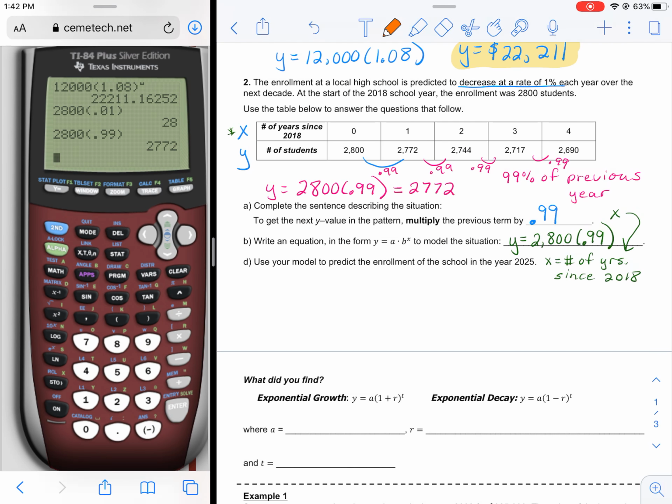Predict the enrollment of the school in 2025. The x value is going to be 2025 minus 2018. That tells us the number of years since 2018, and so x equals 7. So we're going to do y equals 2,800 times 0.99 to the 7th power.